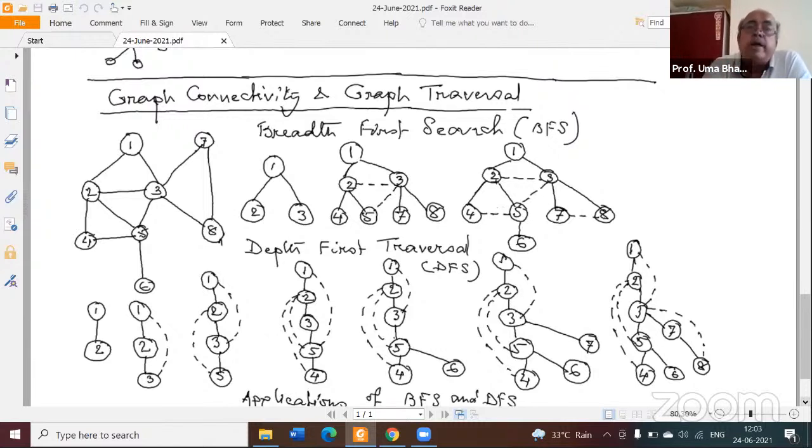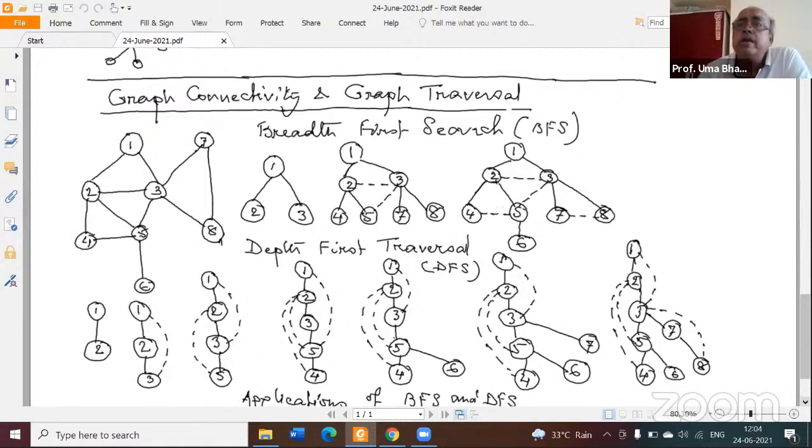So I've come to 1 and 2. Now from 1 I come to 2 and 3. And I mark 1, 2, and 3, all three together. Now this is level 1. From 2, where can we go? 3, 4, and 5.